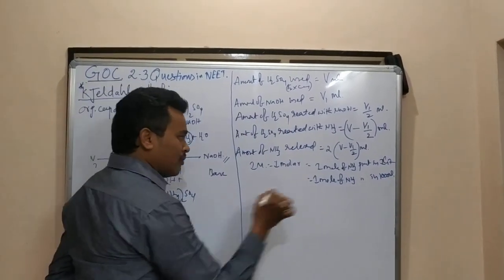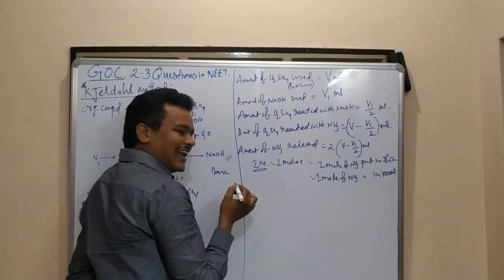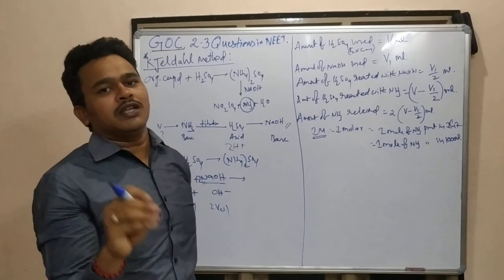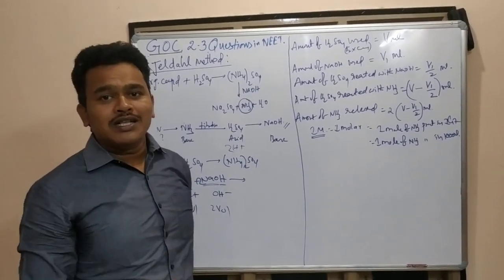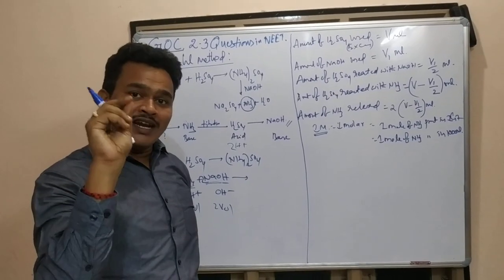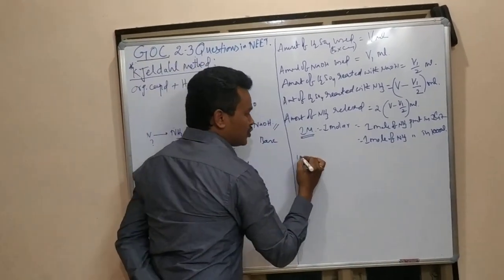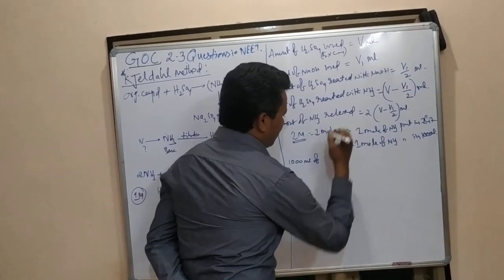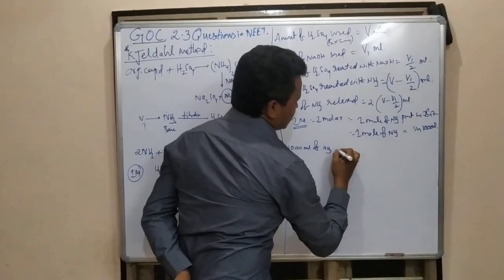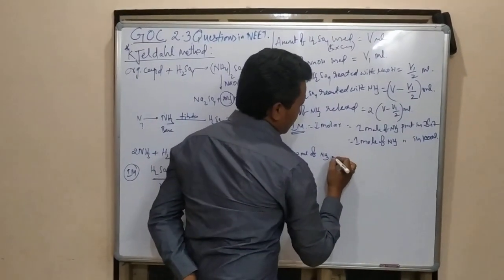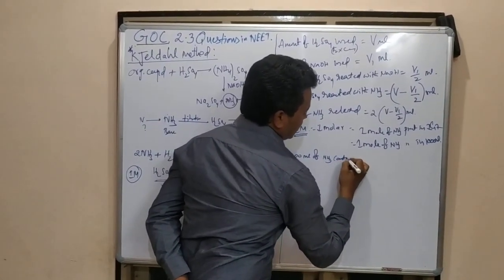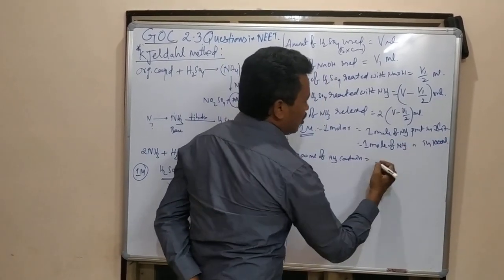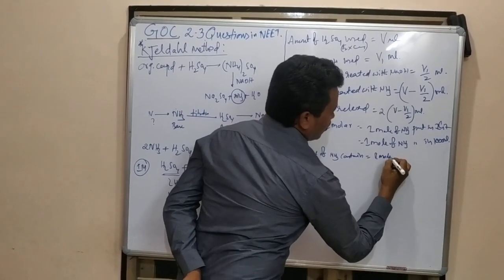Molarity means number of moles present in 1 liter, 1000 ml. Now I am going to write: 1000 ml of NH3 contains how much? 1 mole.